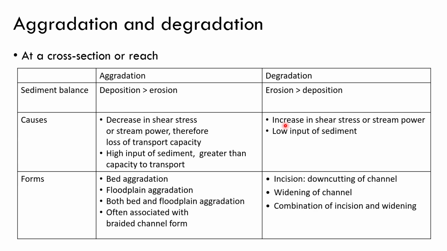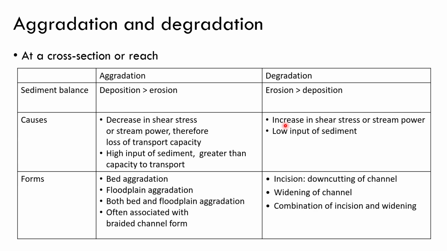On the degradation side, where erosion is outpacing deposition, a lot of times this happens when we get an increase in shear stress or stream power. So changes in things like land use, which we'll see in just a minute, can lead to water moving faster through a system and can increase shear stress and stream power, and that can cause erosion.